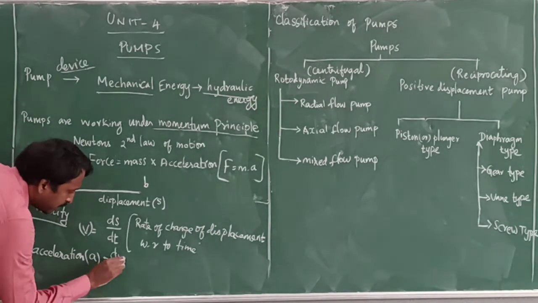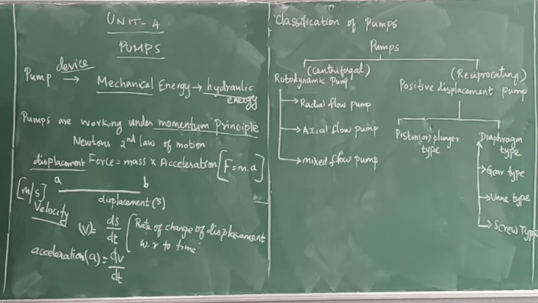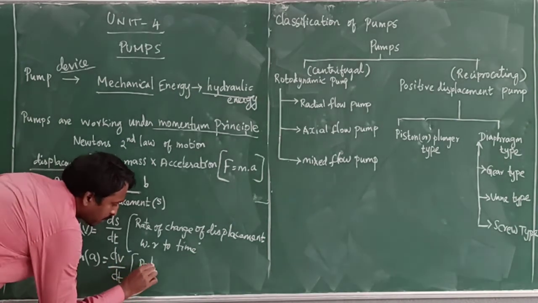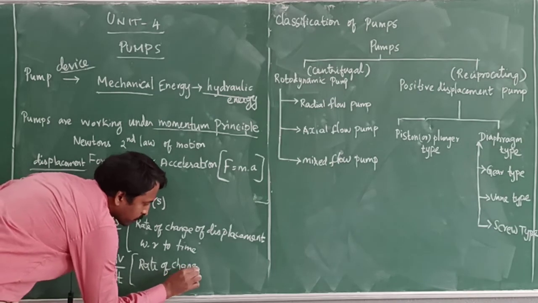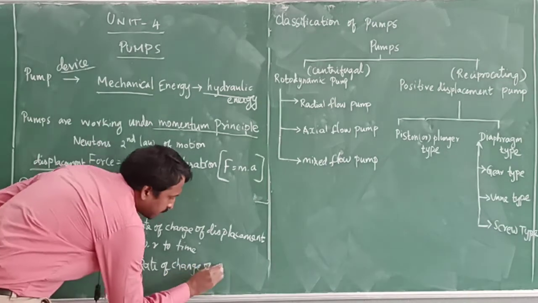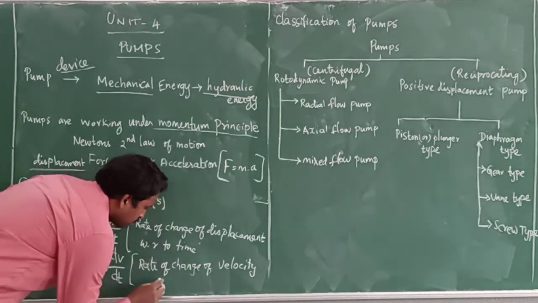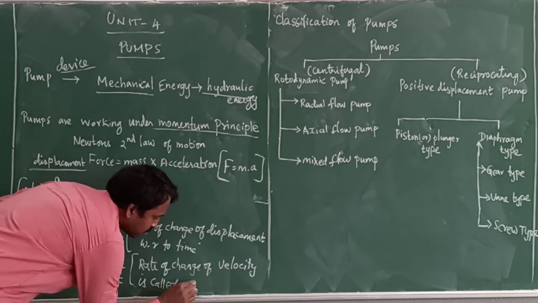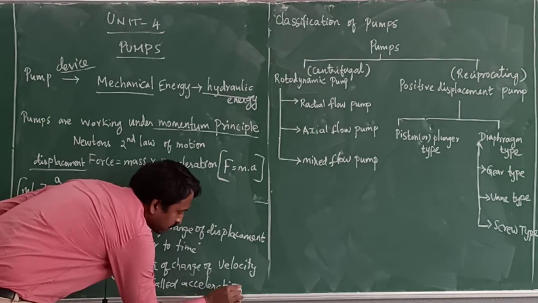So that is dv by dt. Rate of change of velocity with respect to time is called acceleration.